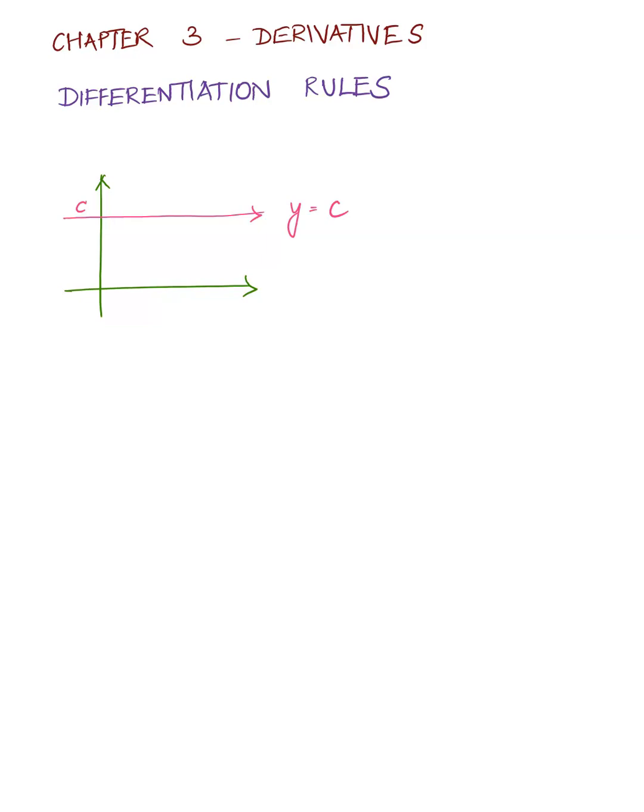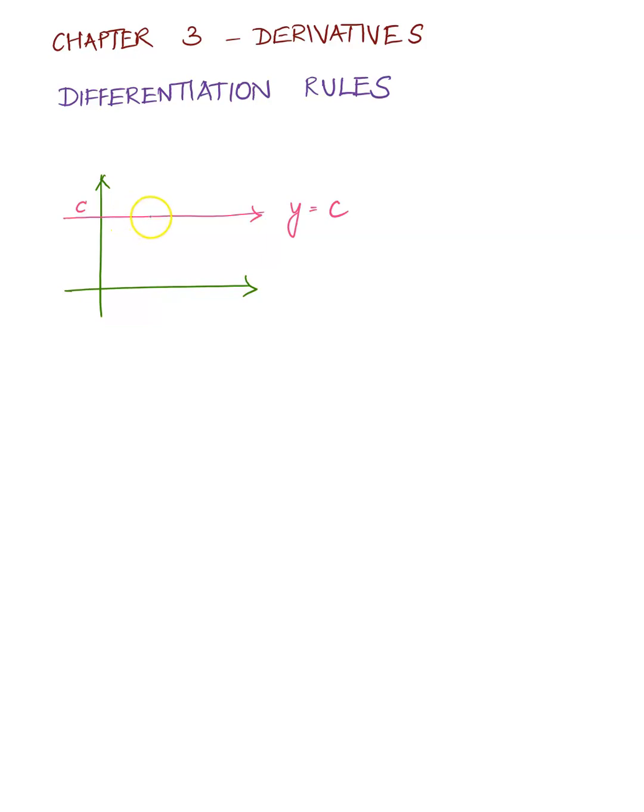So if I wanted to find the slope of the curve at a point. Now this is not a curve, it's a line, but you know that a line is a special case of a curve because it is a polynomial of degree 0, right? The degree is 0 because there is no x term here. If the degree is 1, then it is a line which is slanted, but here it's a horizontal line.